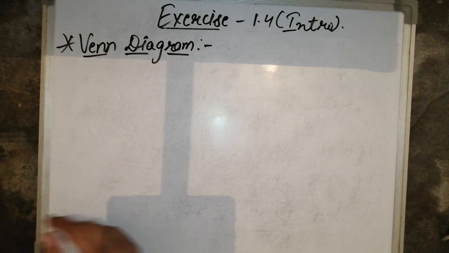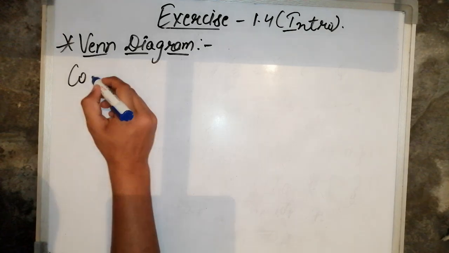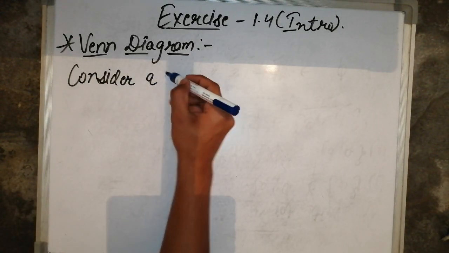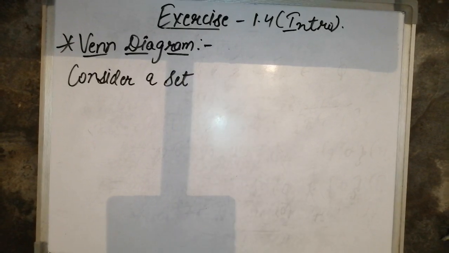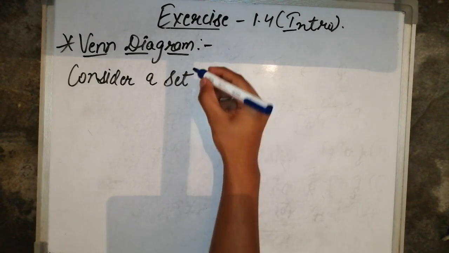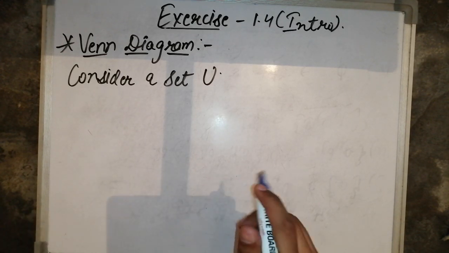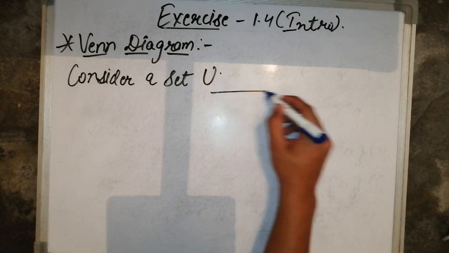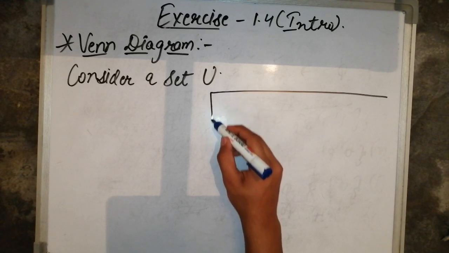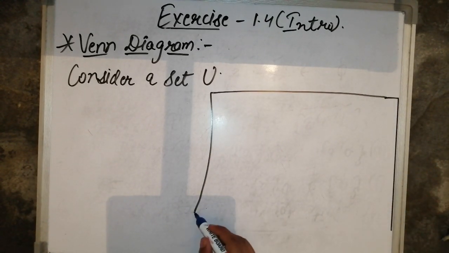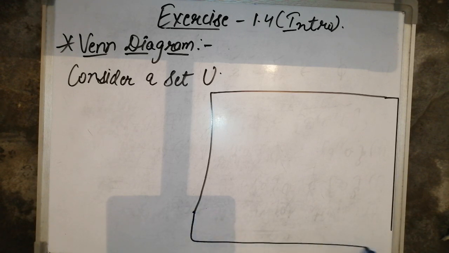So let's start. Consider a set U, and the diagram for the U is this, okay?